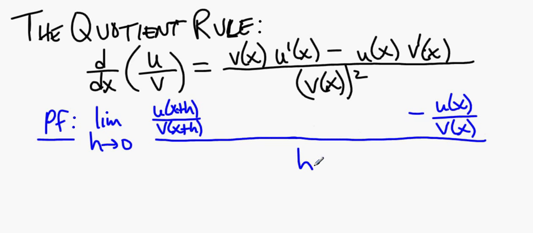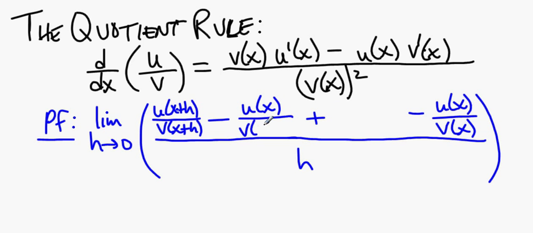And I know what you're saying. You're saying, why is there this big space in the middle? Well, for reasons that are unimportant to the story, I'm going to subtract and add at will u of x over v of x plus h.